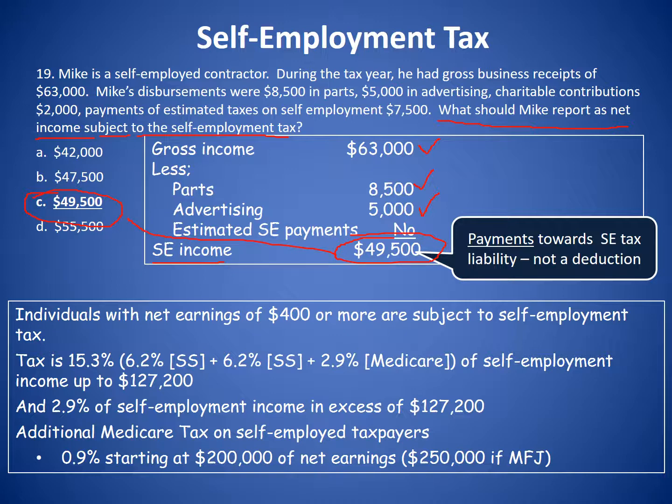Now, a little more detail on self-employment tax. Individuals with net earnings of $400 or more are subject to self-employment tax. Now, the self-employment tax is 15.3% of the self-employment income, which we computed above, up to a limit of $127,200.